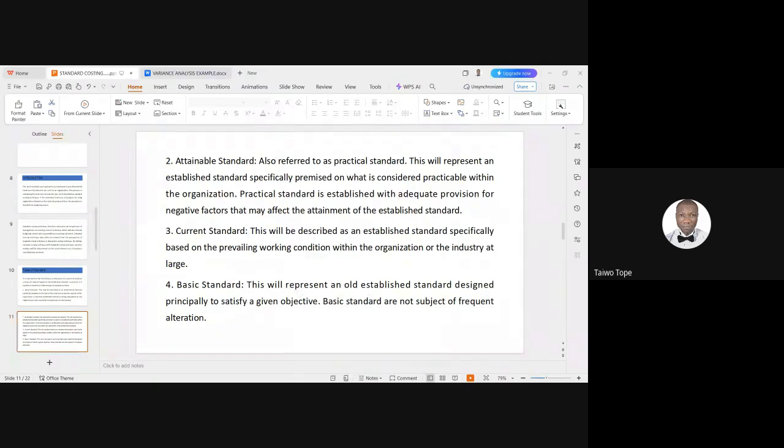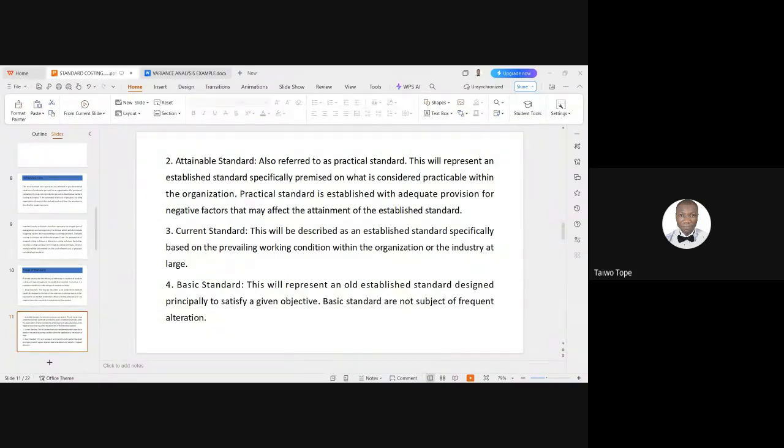They rarely change, except maybe in an organization where you have a change in the board of directors or the management team, and these people come with new ideas and decide to replace the old basic standard with another basic standard, which will not just change.